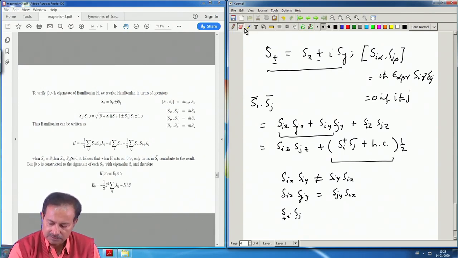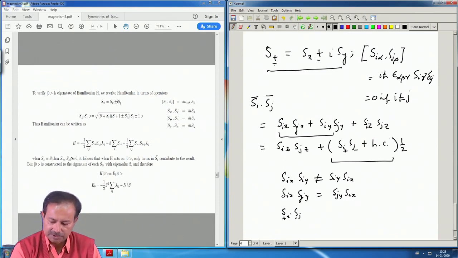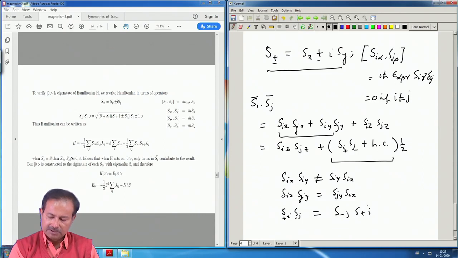I will write plus minus here, plus minus, okay, S plus minus. So this can be written as S_j^- S_i^+, because i and j are different sites.